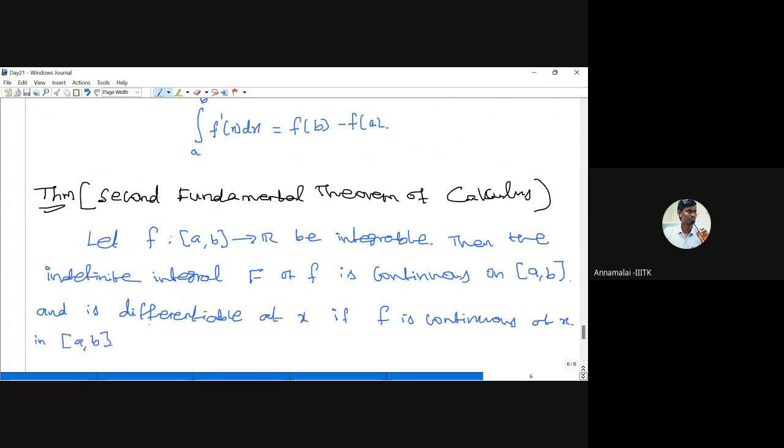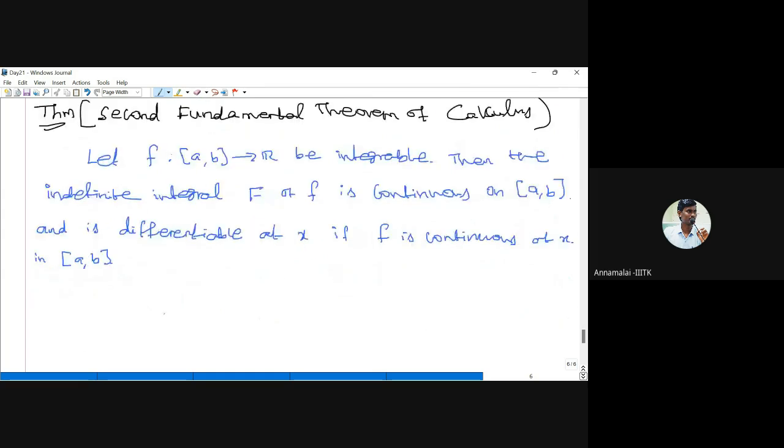In fact, what is the derivative? F dash exists provided f is continuous at x, and then F dash of x is nothing but small f of x. Otherwise this is not possible. This is the second fundamental theorem of calculus.